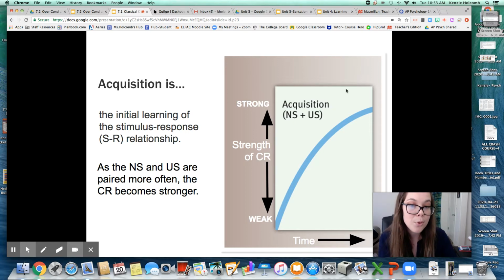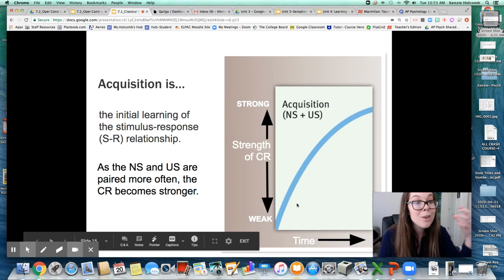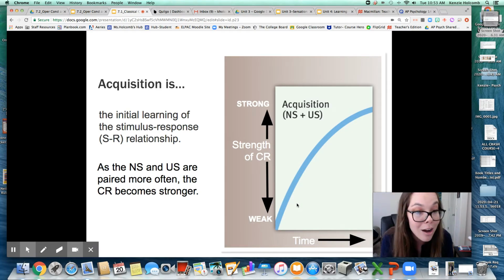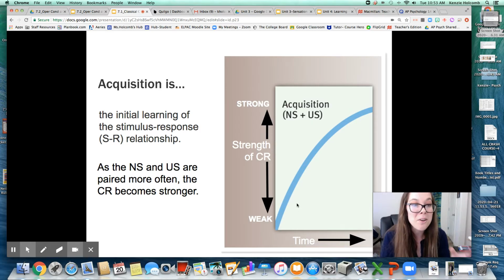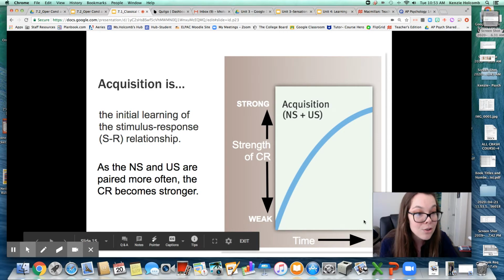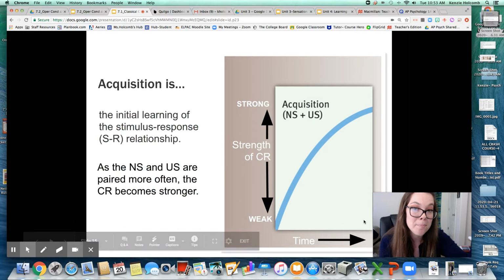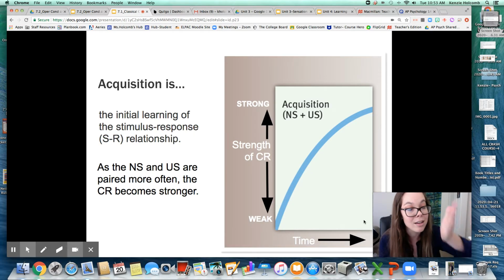So over time, the more that you practice your conditioning with, let's say, the dog, the stronger the salivation reflex strengthens, right? So if you do this with your dog every day with the bell, they're going to pick it up quick, right? And so the longer that you repeat it and do this conditioning, the stronger their relationship with the conditioned stimulus and the conditioned response.